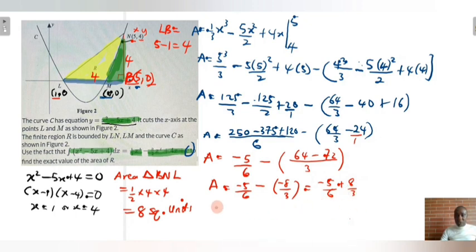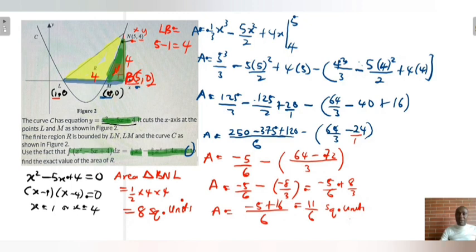So the LCM of this is 6. 6 divided by 6 is 1 times minus 5. That's minus 5. Plus 6 divided by 3. That's 2 times 8. That's 16. So this is going to give us 11 over 6 squared units. So the area underneath this curve is 11 over 6 squared units.